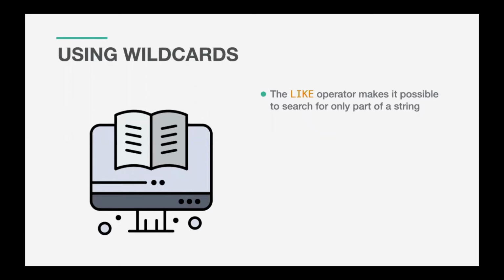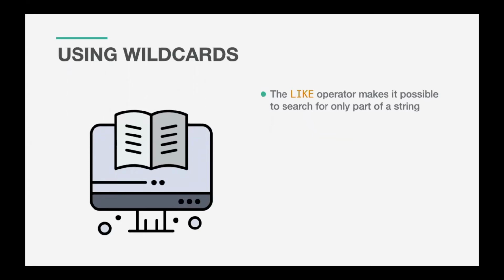And with the like operator, it makes it possible to search for only part of a string or part of a value in the database. So like in the example where we had the movie title equals labyrinth, it would only return the row that had the exact value of labyrinth.